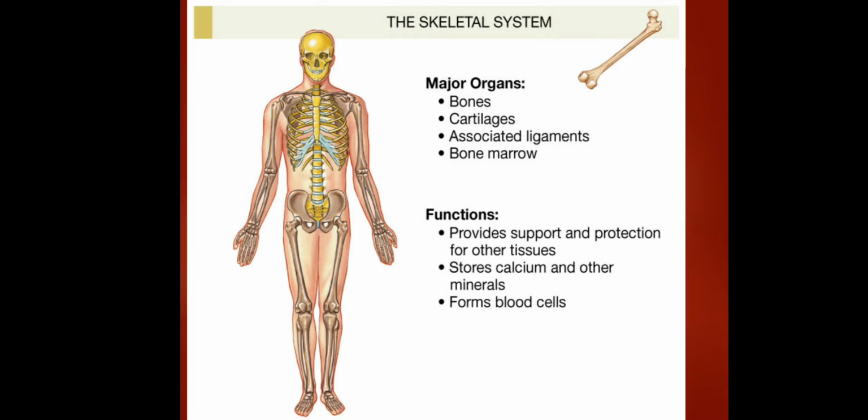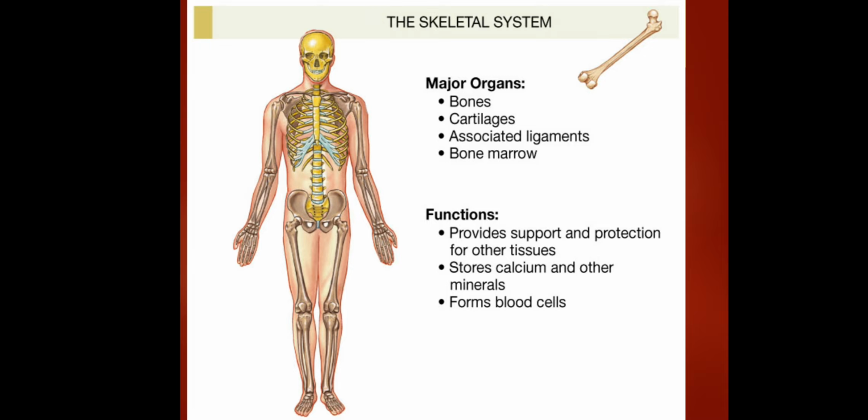That is why I said that at that time, I would be introducing the major parts in the different types of systems. So now, since we are going through the systems one by one, let's go to the skeletal system. We've already done the integumentary. For the major organs, as I've said, it includes bones, cartilages, associated ligaments, and bone marrow.